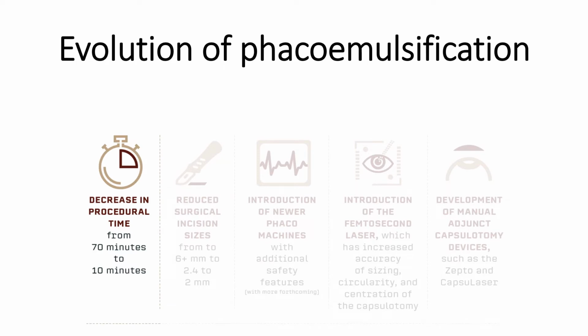Over a period of time, evolution of phacoemulsification has occurred, and these are the prominent landmarks which I would like to mention here, which played a role in making phacoemulsification a preferred choice. The time of the surgery has reduced from about 70 minutes to 10 minutes, and this is all because of continuous evolution of surgical techniques, and of course the skill of the surgeon is also involved with the similar pace.